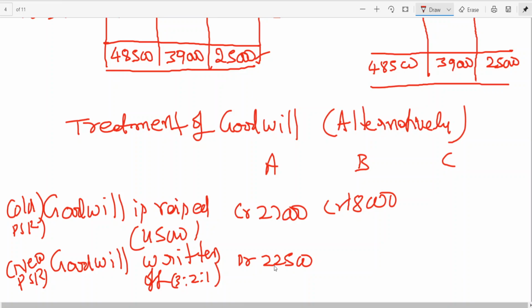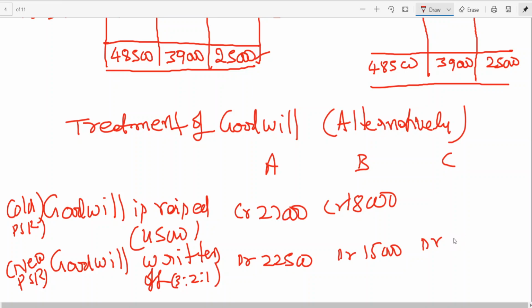Then 45,000 by 6 into 2, it is coming to 15,000. Now 45,000 by 6, you are getting 7,500.